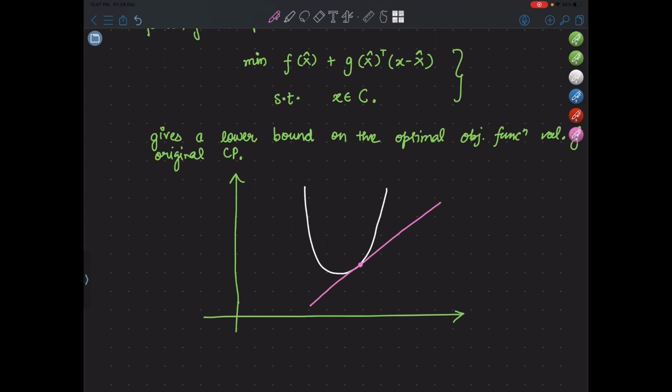Let's say this is the set C. This is the optimal function value of the original CP, and this is the optimal value of the linear approximation.